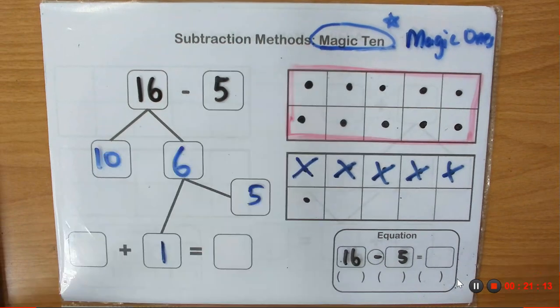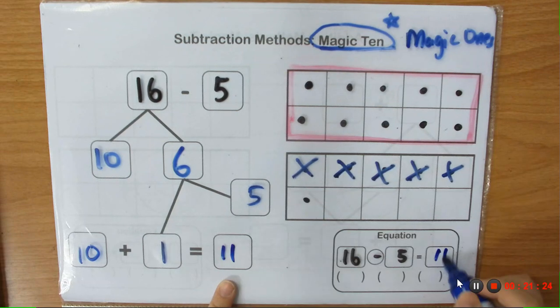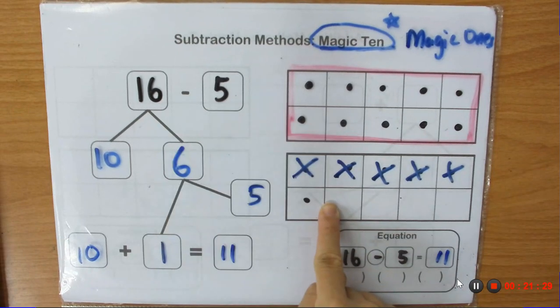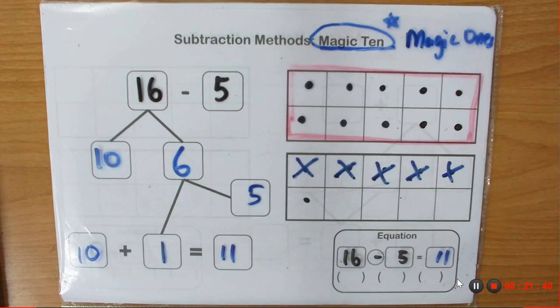Together with the tens that I did not touch, 16 minus 5 will become 11. Very good. So, when I see there are enough ones that I can take away from, I will use the strategy Magic Ones. When I do not have enough ones, then I will go to my tens and ask for help. Ten, please help us please.